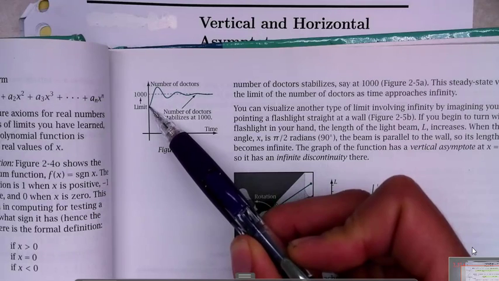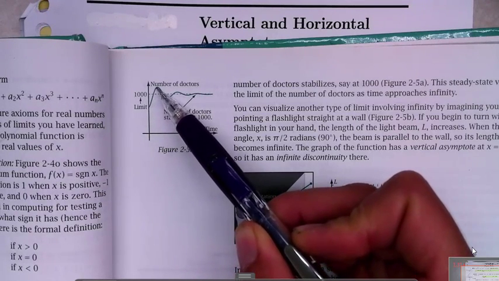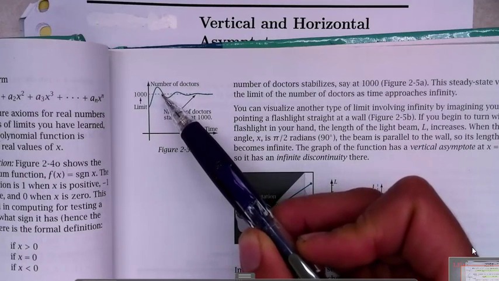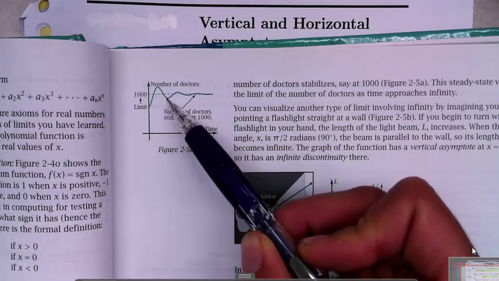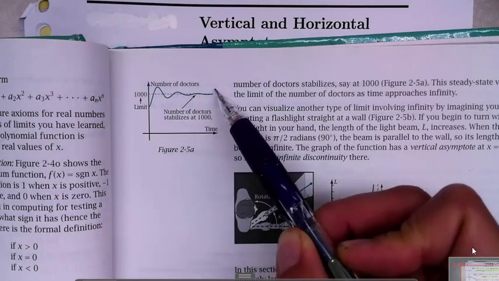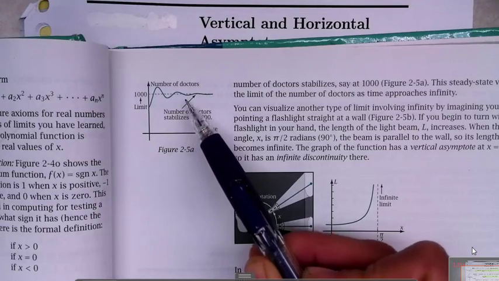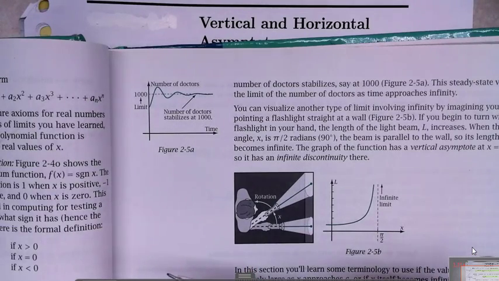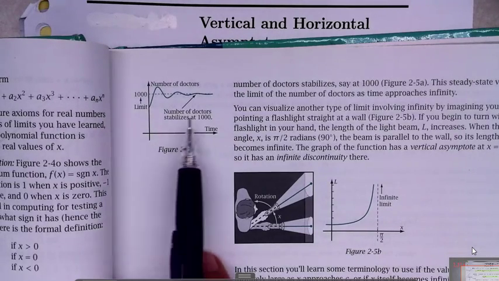Then you recruit a whole bunch of doctors. Now you've got too many doctors. So now the population of doctors starts to decrease, right? And now you've got too few doctors. But eventually it's going to balance itself out so that the number of doctors stabilizes around the number at which the community needs that many doctors. So that just happens to be 1,000.